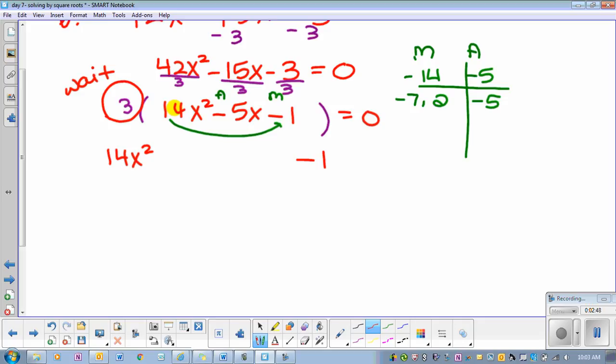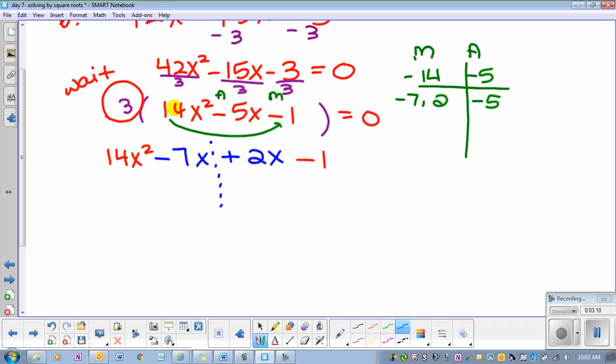Then you have to rewrite this minus 5x using your two numbers, so minus 7x and plus 2x. All right. So then now I have 4 terms, so I'm going to divide it in half.